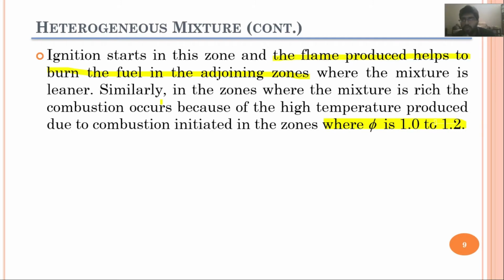In those zones where the mixture was leaner, the diffusion is basically causing the combustion, and in the richer air fuel mixture zones, the amount of heat released because of the combustion in the 1.0 to 1.2 zones is responsible for the combustion.